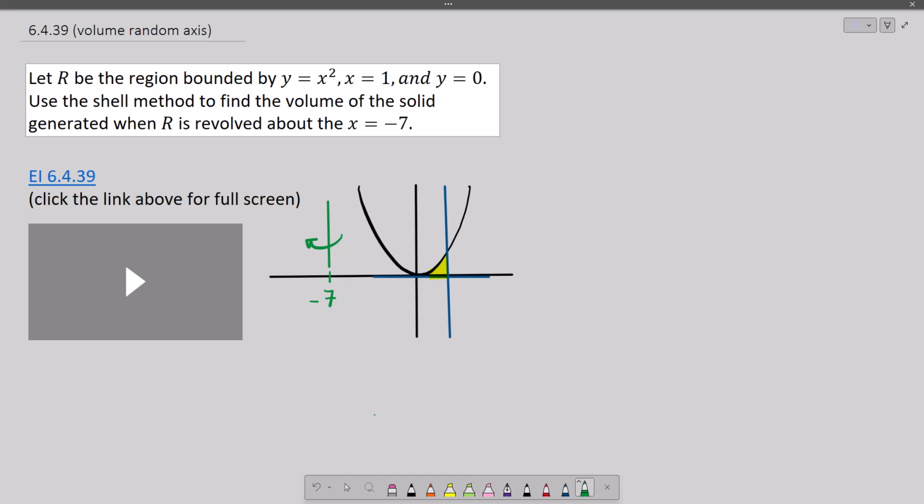So will we be drawing a vertical or a horizontal rectangle in there? Vertical. It's got to be parallel to the axis of rotation. So that is a random vertical rectangle at x.